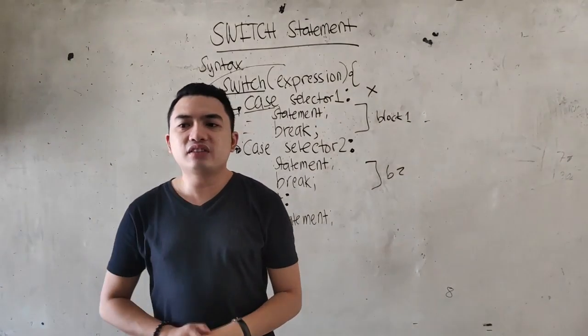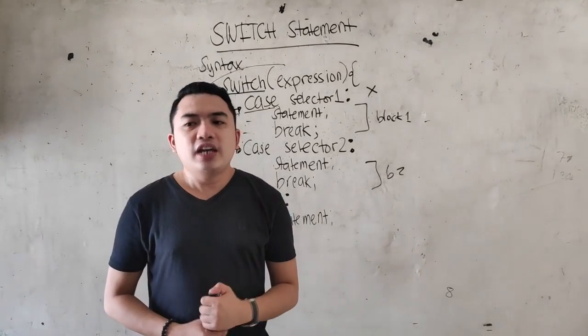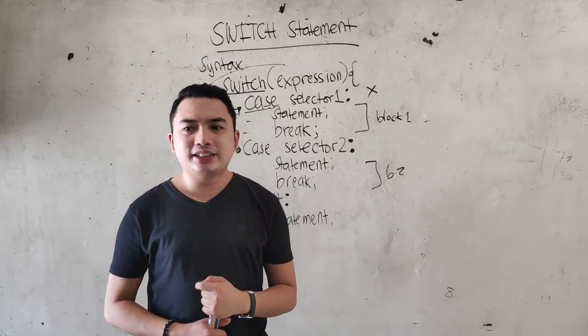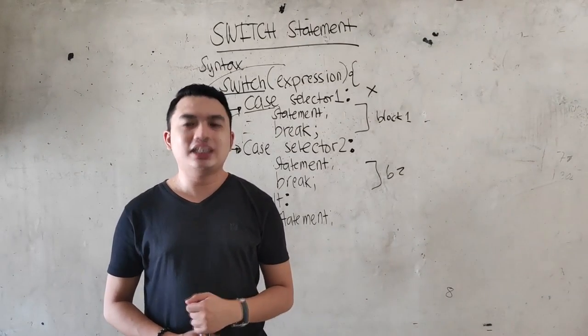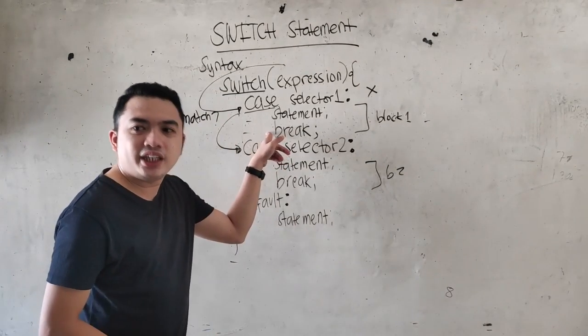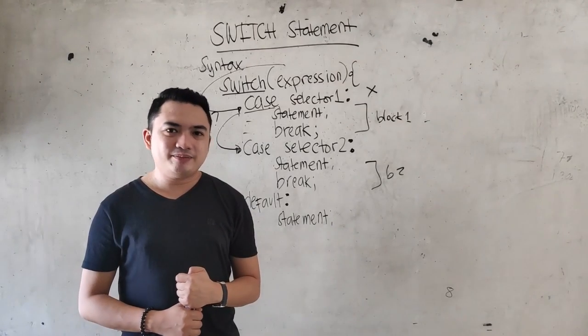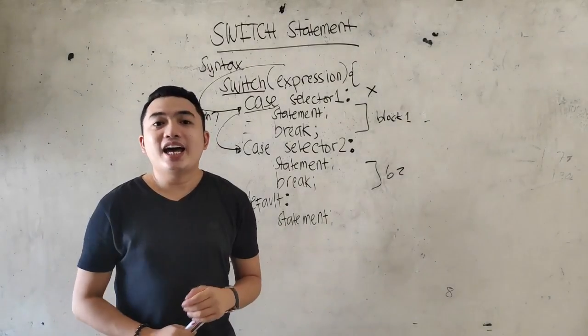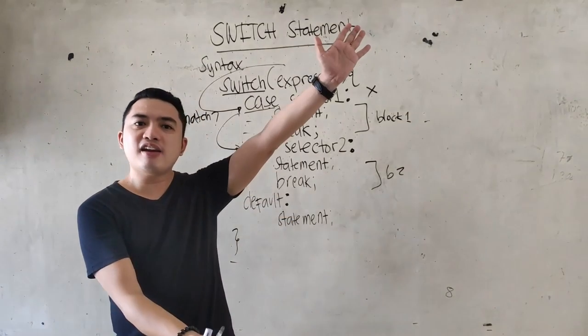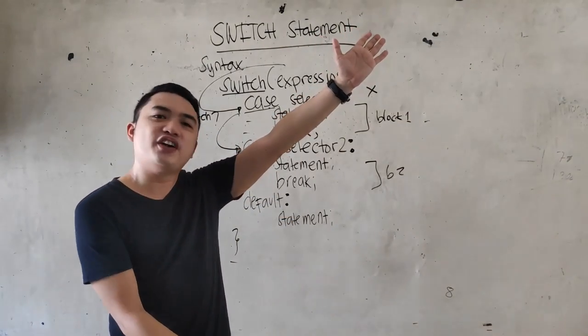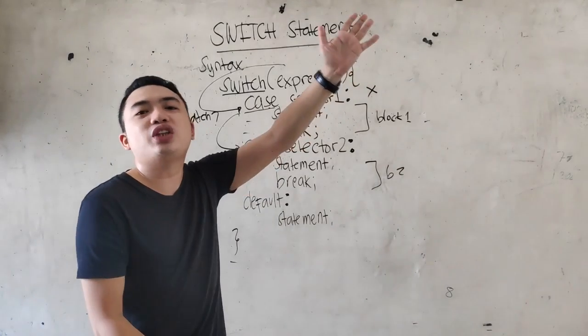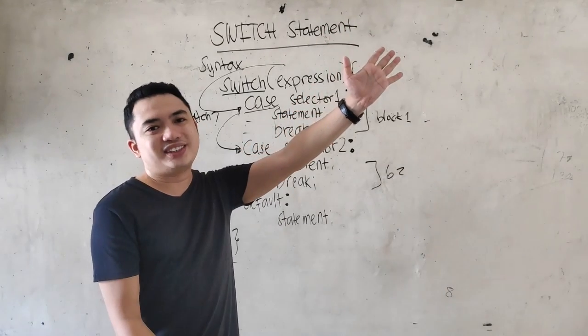So to prevent the program from executing statements in the subsequent cases, we will be putting the break statement as our last statement. Okay? So, I'll be putting here the flow chart for the switch statement, and I want you to analyze how it works.